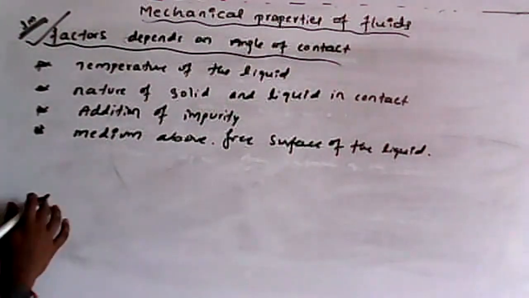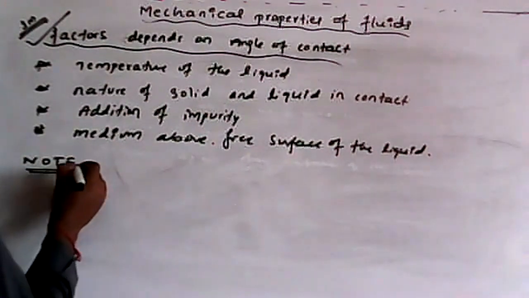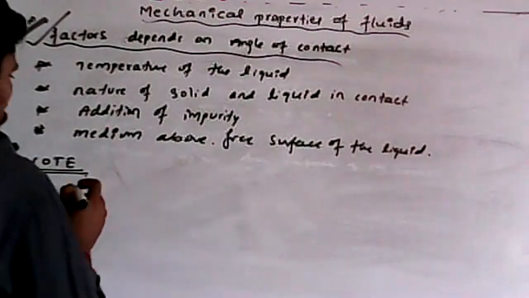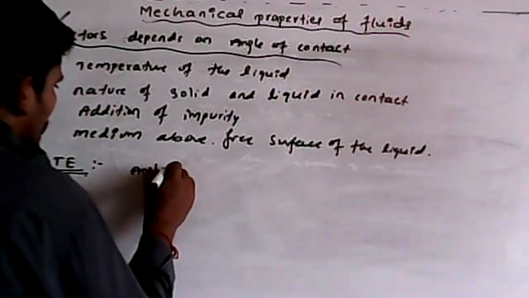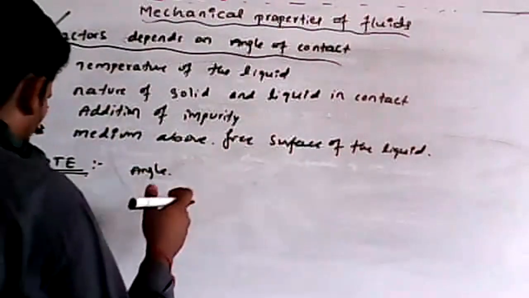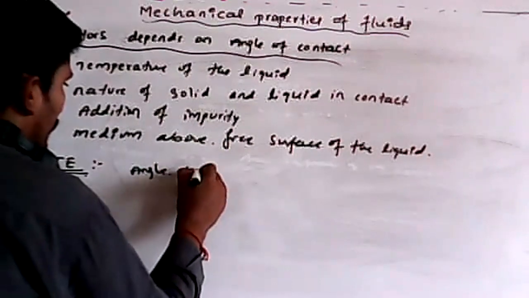Then let me write one note point; we will see a few concepts in the next class. So this is very important. Let us see the angle of contact for different materials and in different conditions.